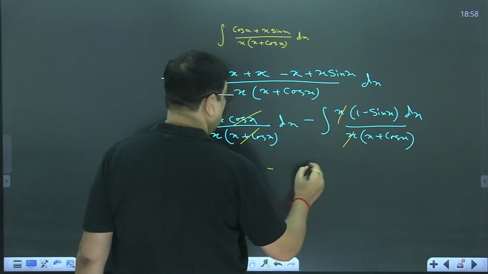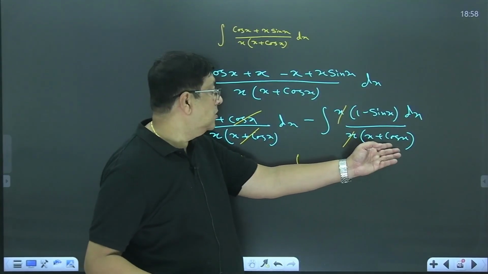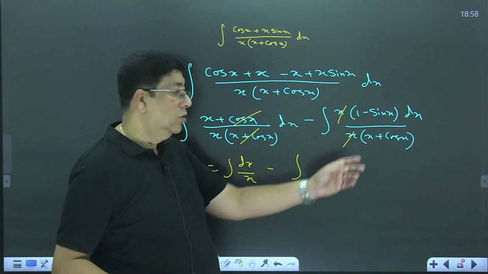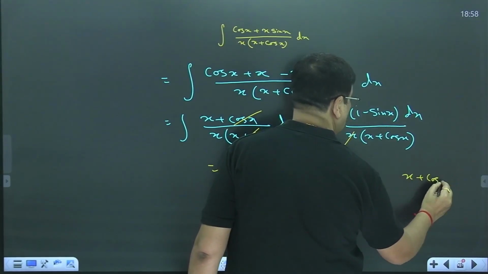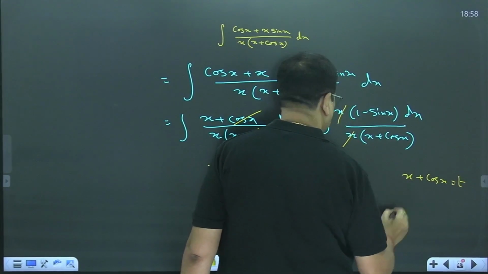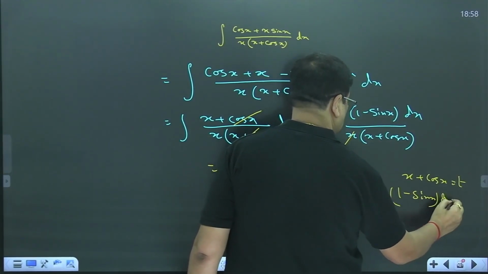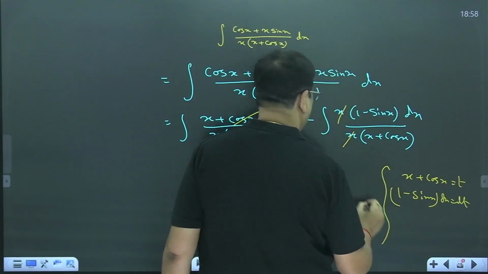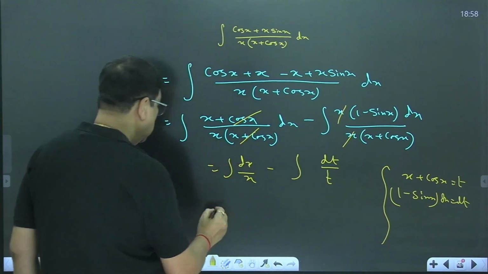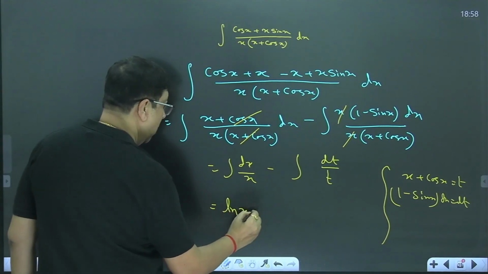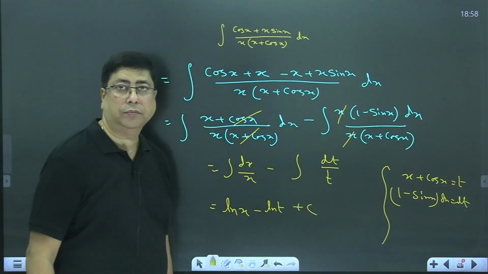Minus, this x is getting cancelled, and if we take the denominator as t whose derivative is present in the sum, I can write directly here x plus cos x equal to t. So 1 minus sin x dx equal to dt. Therefore this is coming dt by t. Therefore dx by x is log x, minus dt by t is log t, plus c.